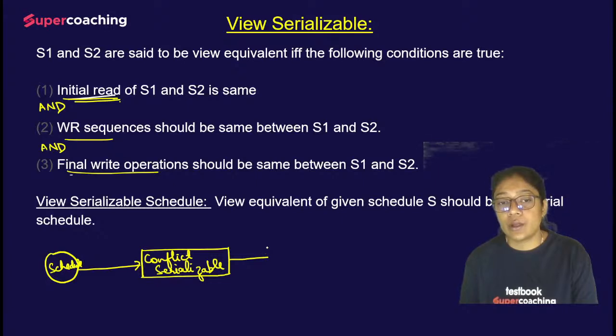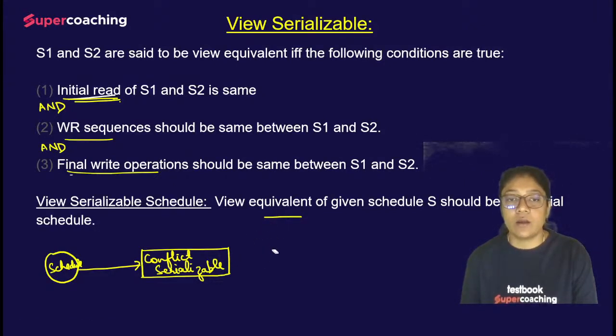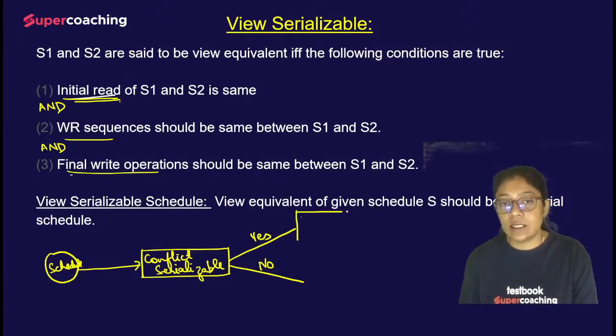Here it is saying that no, and this is saying that okay. We cannot draw it like this because from here we are getting the different answer. All right. Answer will be yes or no. If it is conflict serializable, we'll get this sequence.